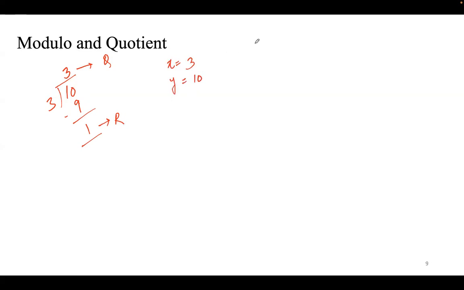So what you were doing is dividing y by x. Now x multiplied by this quotient q, and to that if you add the remainder, that should give you y, right?